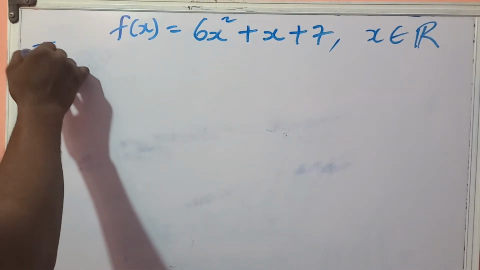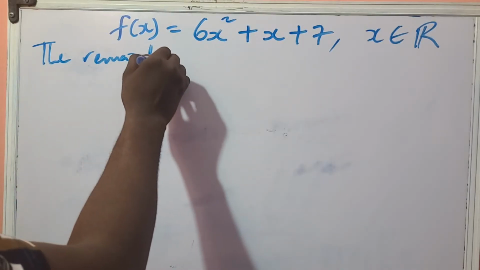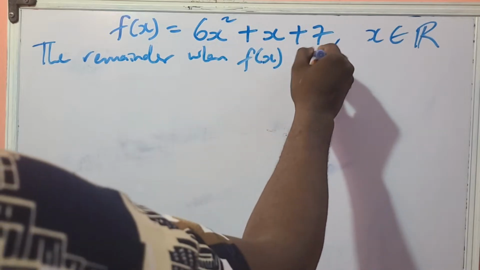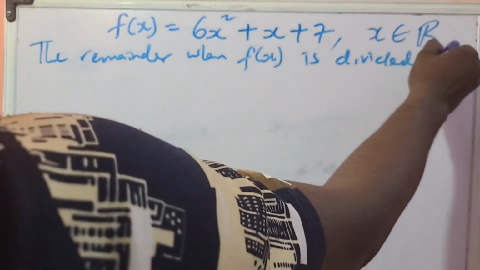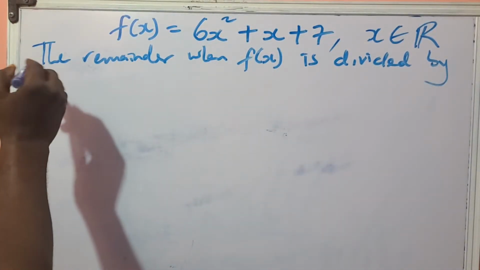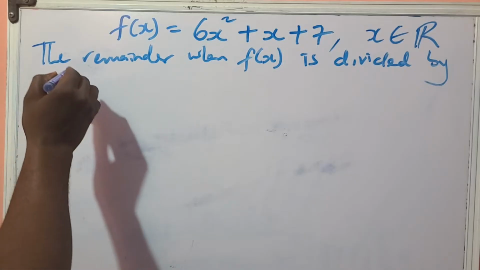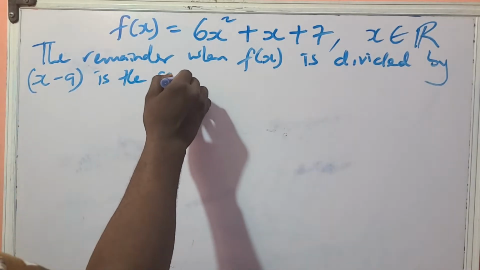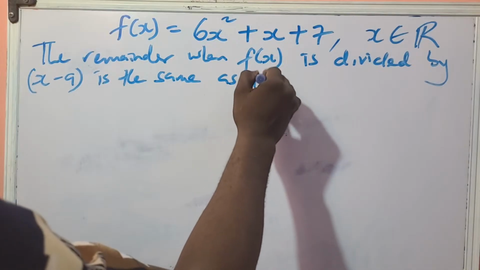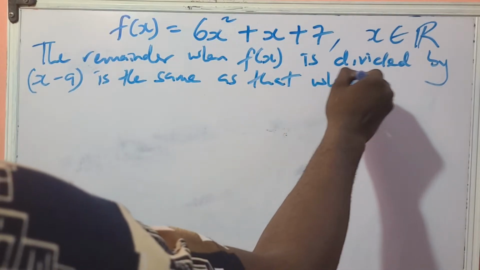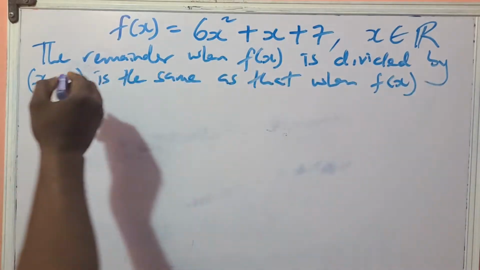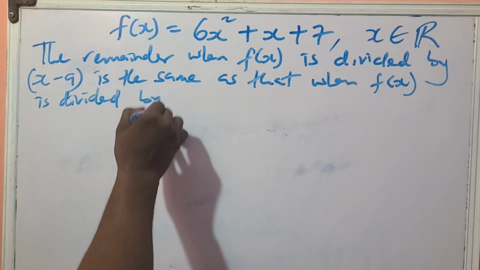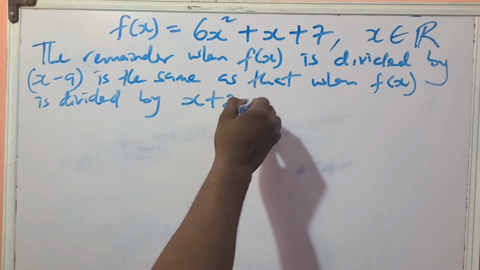So the question said the remainder when f of x is divided by x minus a is the same as that when f of x is divided by x plus 2a.